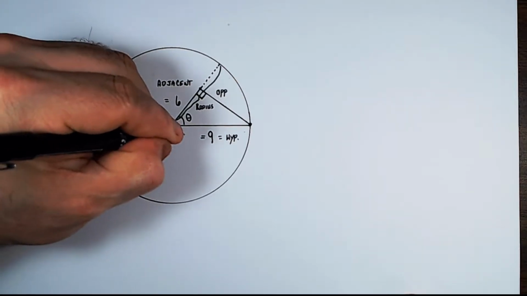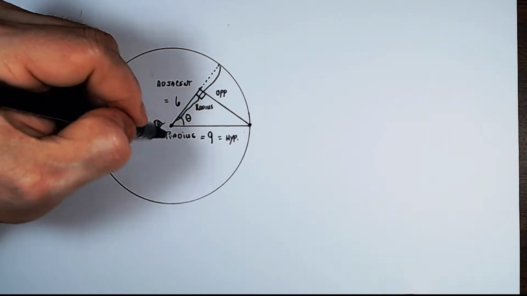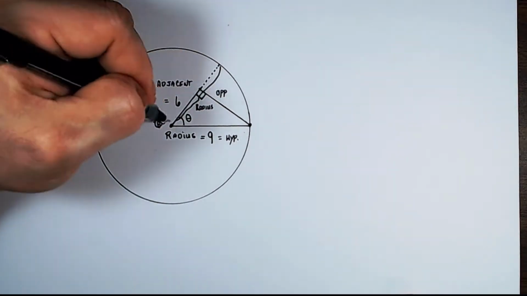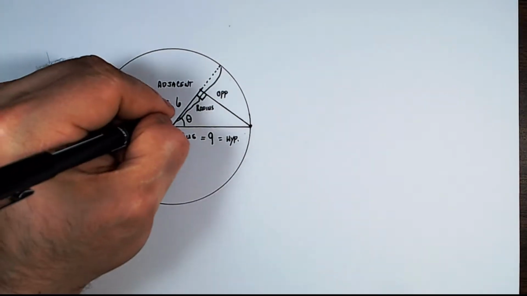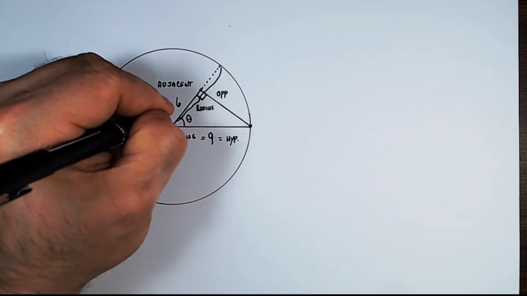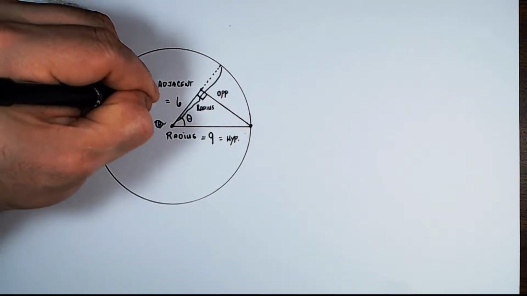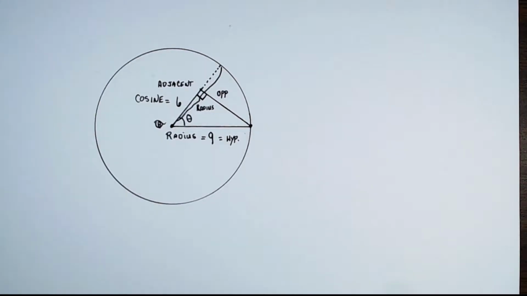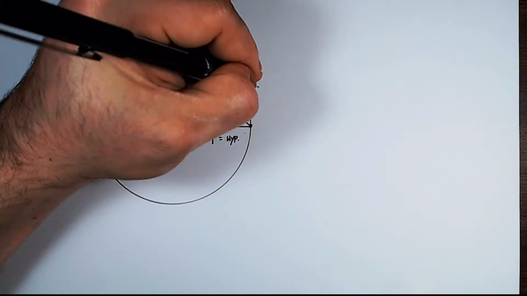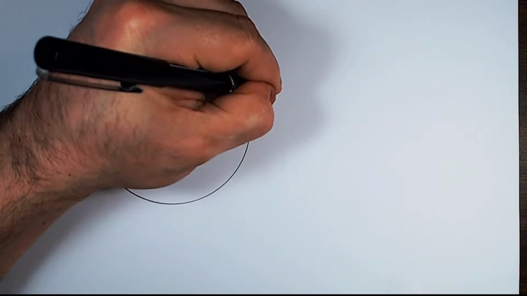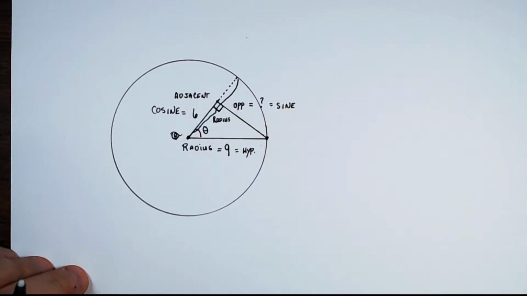Okay, here's the radius. And if this is the radius of the circle, the horizontal length, this length right here, this is the cosine. So I'm going to call this the cosine. And this opposite side, which we don't know, is the sine. You say, well, that looks confusing.